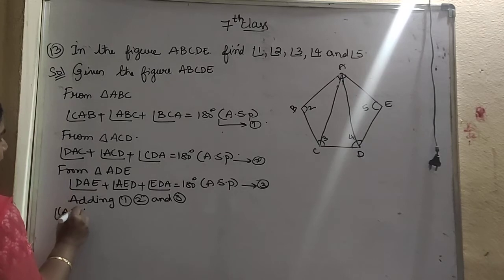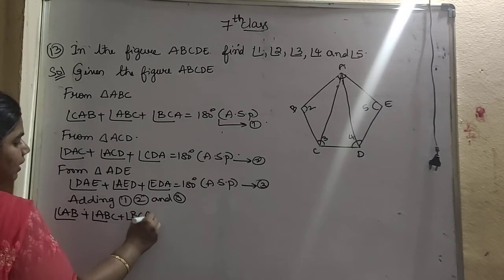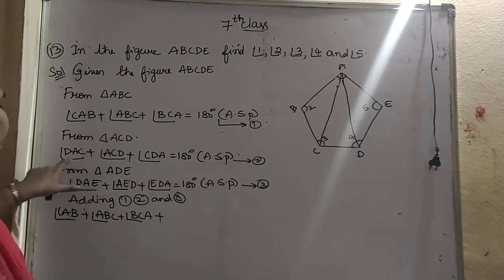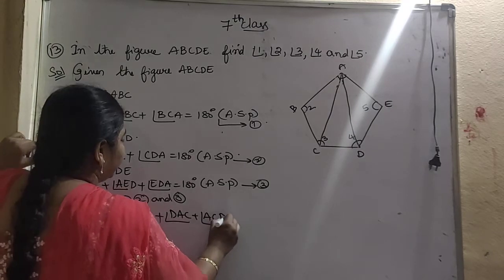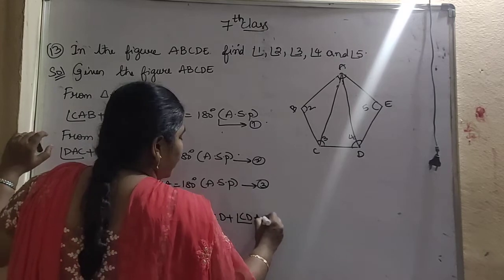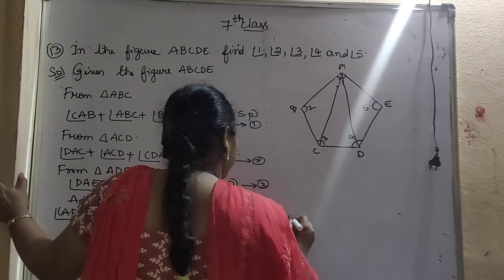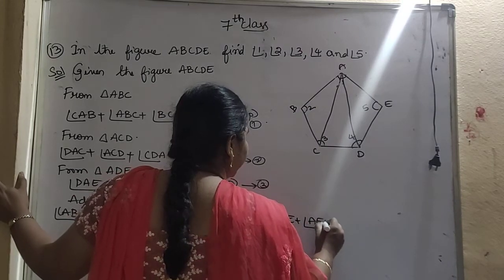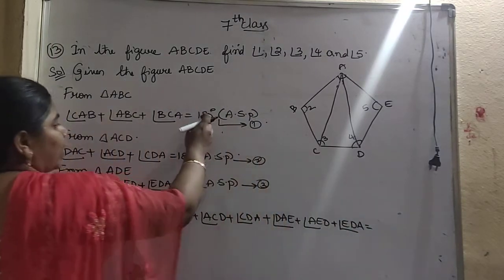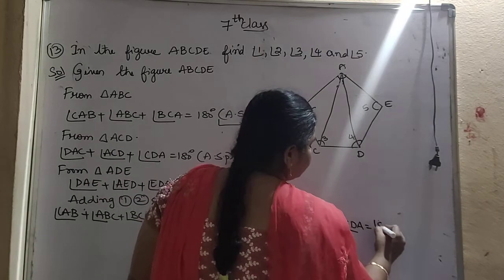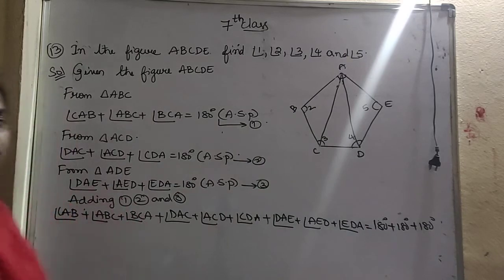Angle CAB plus angle ABC plus angle BCA plus, now this one I am adding, that is angle DAC plus angle ACD plus angle CDA plus, now these three angles, angle DAE plus angle AED plus angle EDA will be equal to 180 plus 180 plus 180. So I have added all the angles here.